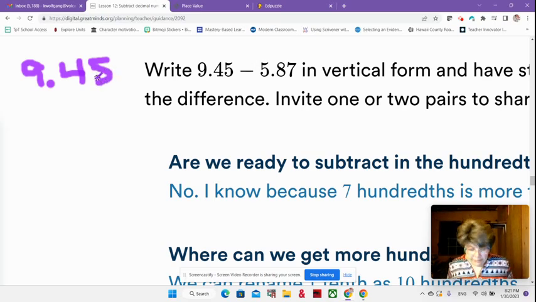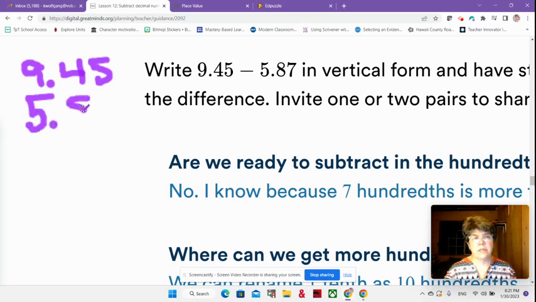Okay, you're writing this down somewhere too. Minus 5 and 87/100. So we want to line up our ones place, line up our decimals, line up our tenths place, line up our hundredths place, and subtract.